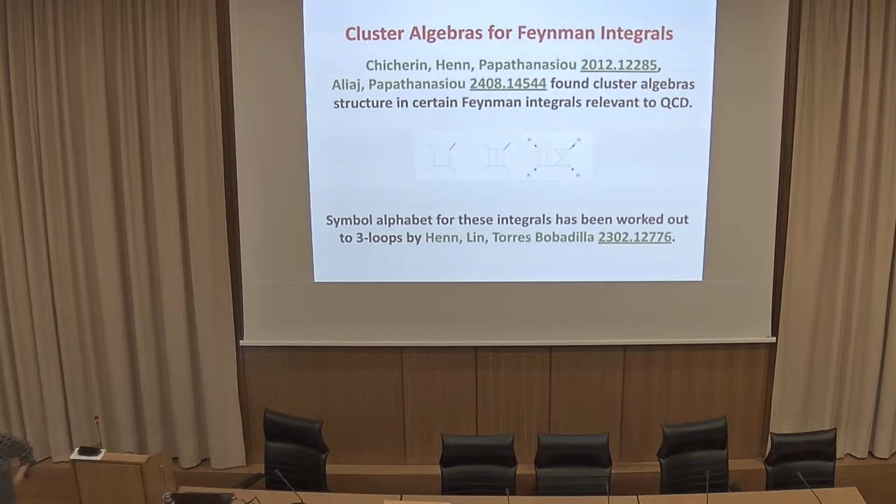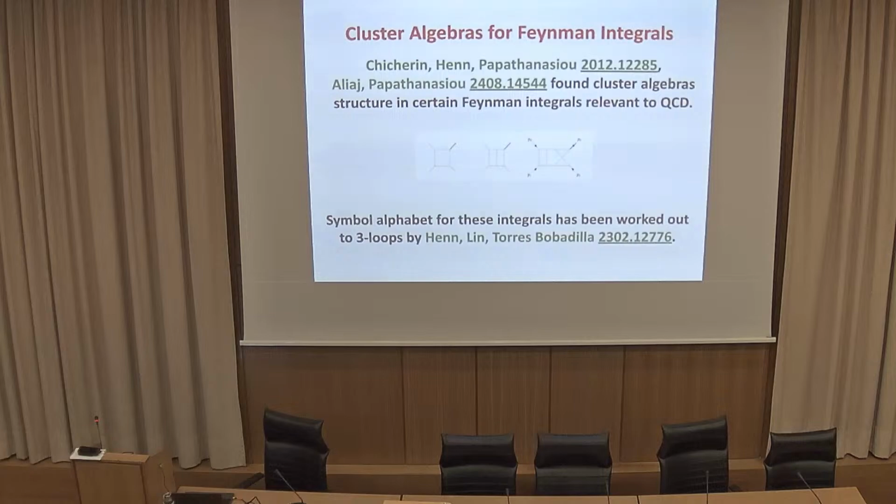Now this has been studied for some time and has allowed very high-loop calculations, but our goal is to move away from n equals 4 and see what we can do for non-supersymmetric theories. Again, a very important paper by Yorgos, Johannes Henn, and Dmitry Chicherin observed that if you take particular 4-point integrals, the alphabet, or the space of singularities, for these integrals could also be understood from cluster algebra.